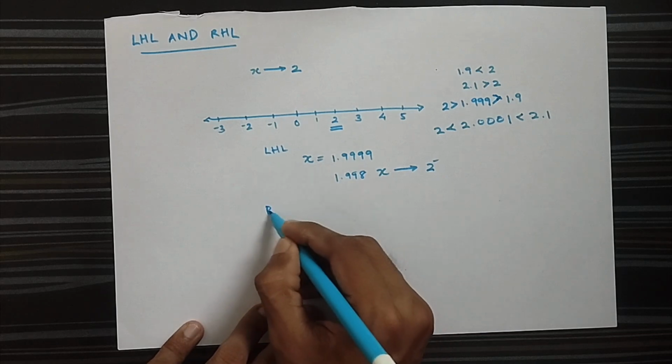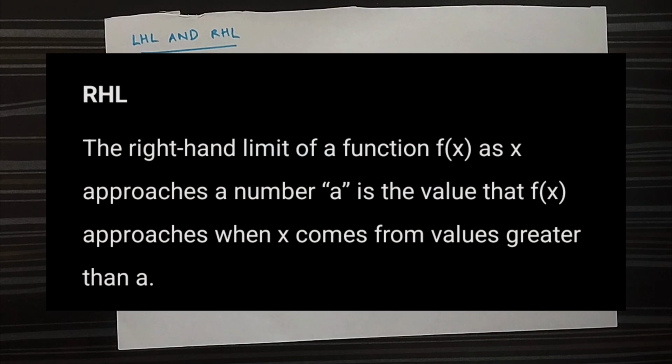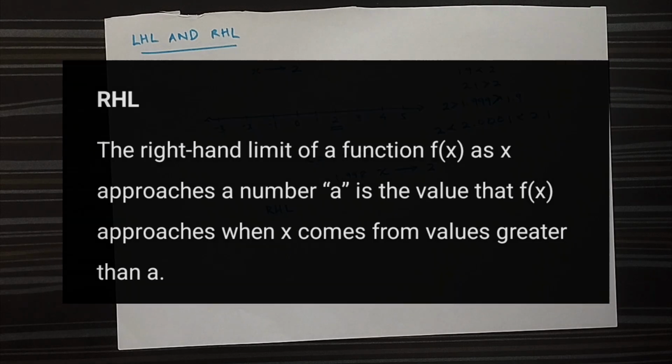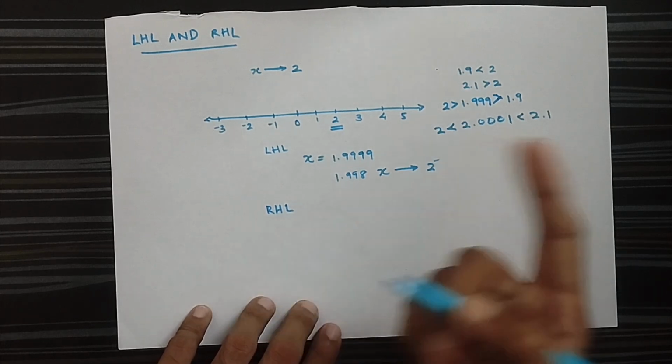Now for RHL, right hand limit. The right hand limit of a function f of x as x approaches a certain number a is the value of f of x when x comes from values greater than a. So in this case, we can approach 2 from the right hand side.